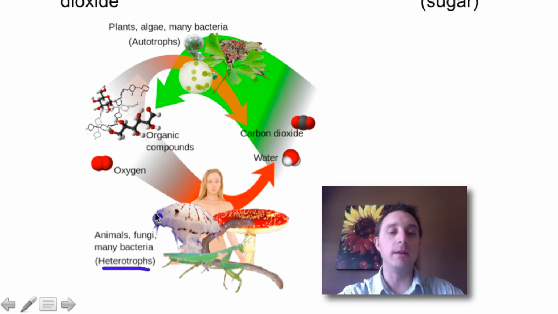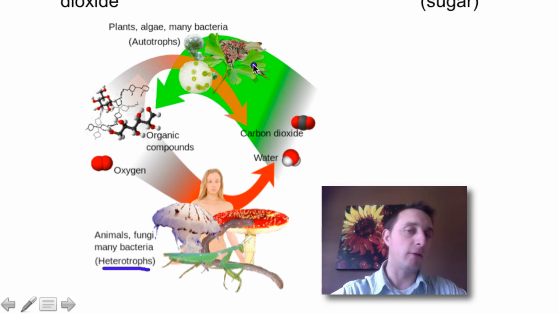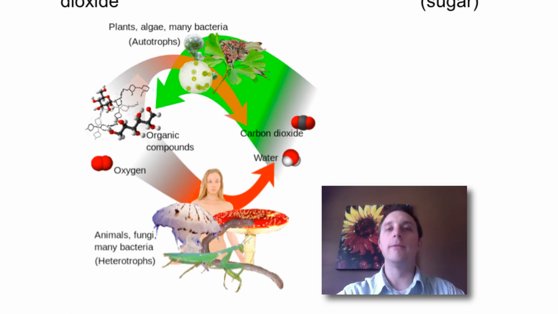And there's this big circle of energy going on here, where the autotrophs produce the organic molecules and the oxygen for the heterotrophs, which eat them, and then in turn the heterotrophs release carbon dioxide, which is used by the autotrophs again. We also certainly provide lots of fertilizer, especially for plants, to help them survive.